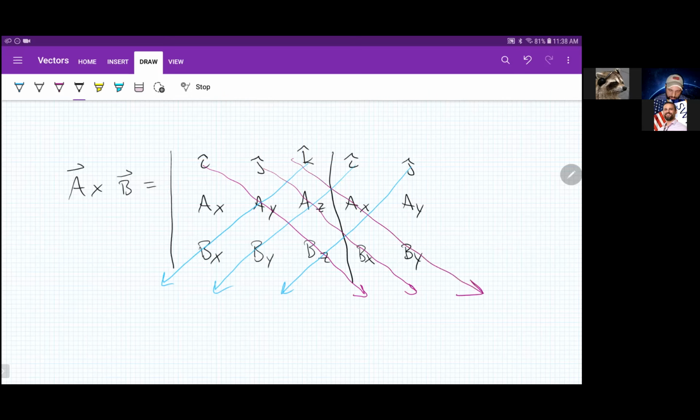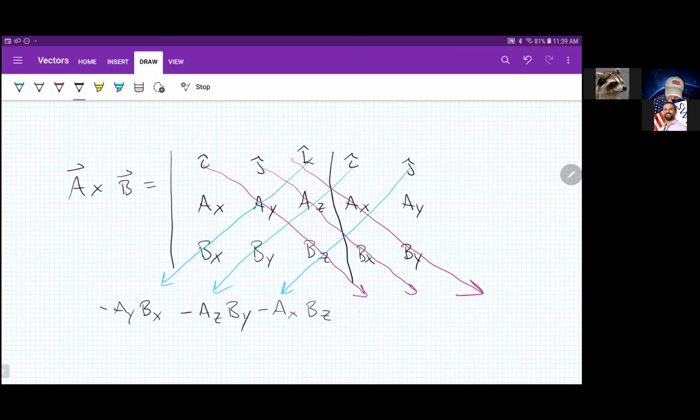So everything going from right to left is going to be minus. So there's going to be minus AYBX, minus AZBY, minus AXBZ. And then the arrows going down from left to right are going to be positive.